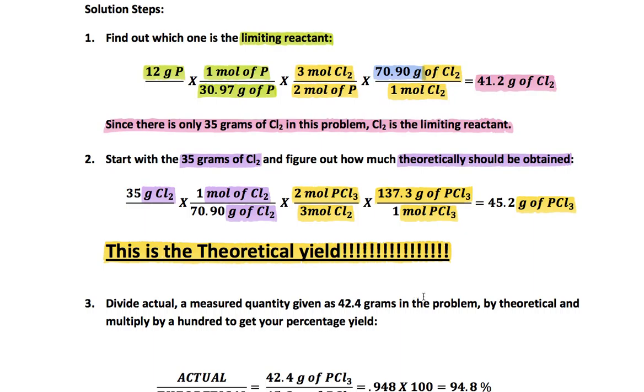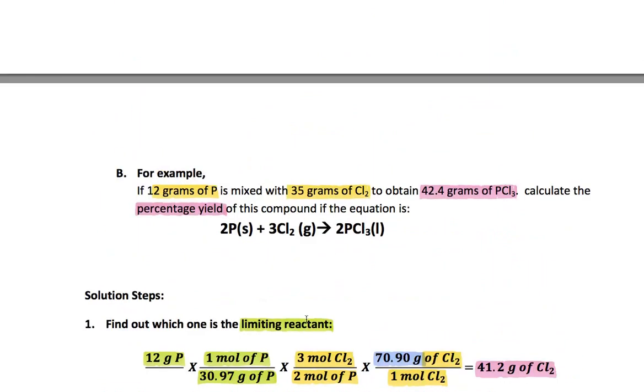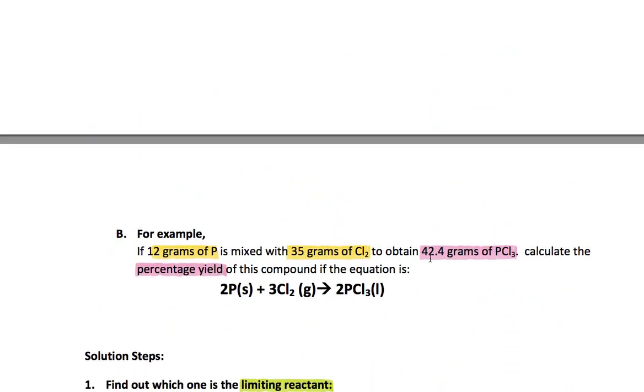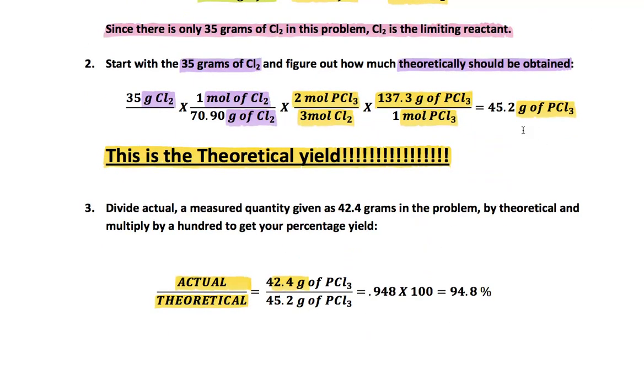In order to calculate our percentage yield, which is going to be the actual over the theoretical, times 100. So the actual, where did we get this 42.4 grams from? That was, if you remember at the very beginning of the problem, given to us. That's the actual amount. We just calculated the theoretical amount.